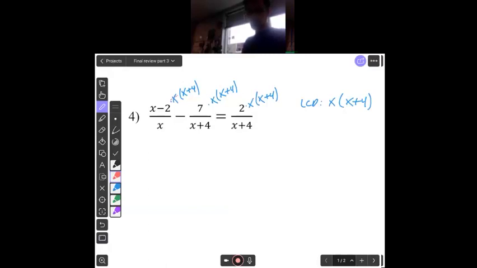So we see that the x's would cancel here, and we'd be left with x minus 2 times x plus 4. Those will need to FOIL out, or double distribute out, and we'd end up with x squared plus 4x minus 2x minus 8, which can be simplified down to x squared plus 2x minus 8.